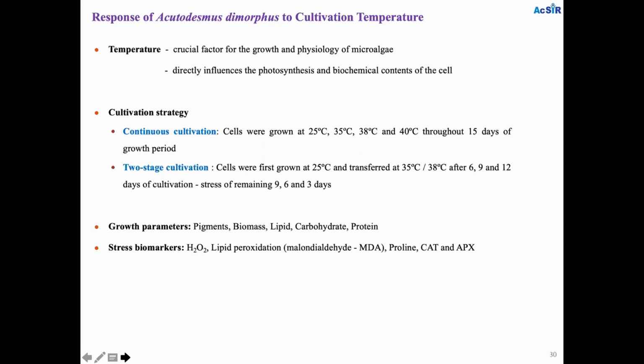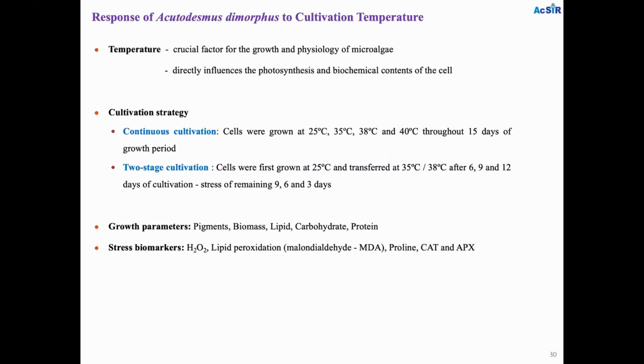For my first major experiment, we chose to grow the cells at different temperatures. Generally, in the laboratory, we grow the cells at 25 degrees centigrade. But for my study, we chose 25, 35, 38, and 40 degrees centigrade for a 15-day growth period of this culture.